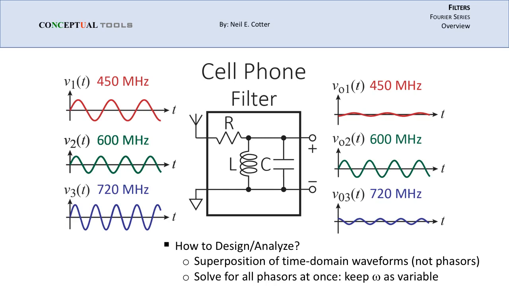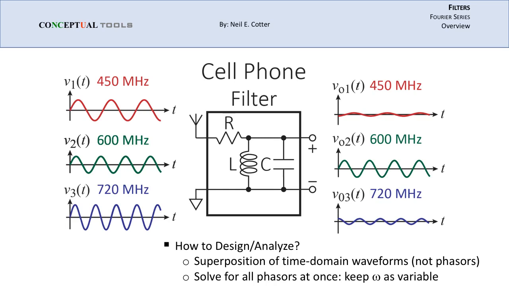Note that we do not add phasors together because phasors change with the impedance of the L and the C in the circuit, and they are not compatible with one another if they are for different frequencies.